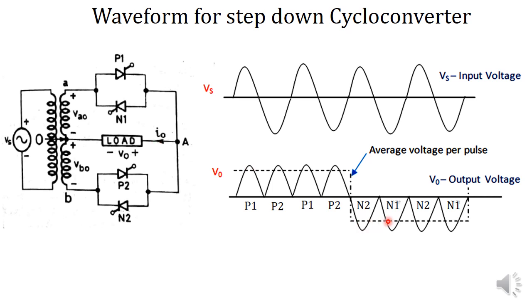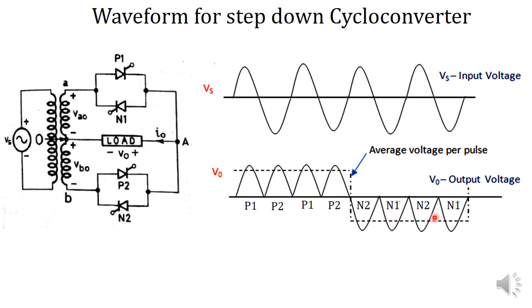Again N1 is turned on during the negative half cycle. So when N1 is turned on during the negative half cycle, the current will be flowing through the load in the negative direction. So the output voltage is also negative.